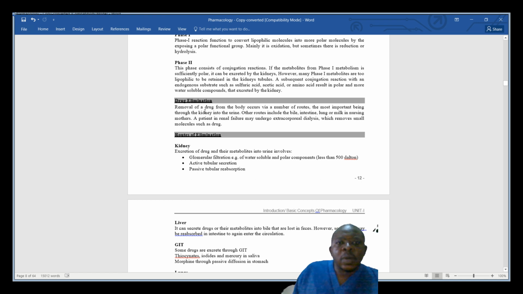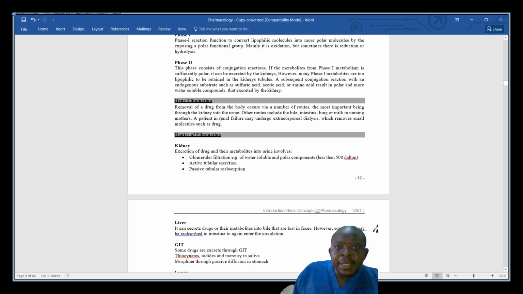Drug elimination is the removal of a drug from the body that occurs via a number of routes, the most important being through the kidney, that is through the urine. Other routes include the bowel, intestine, lung, or milk in mothers who are nursing.